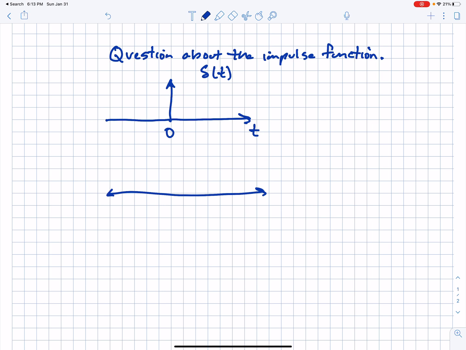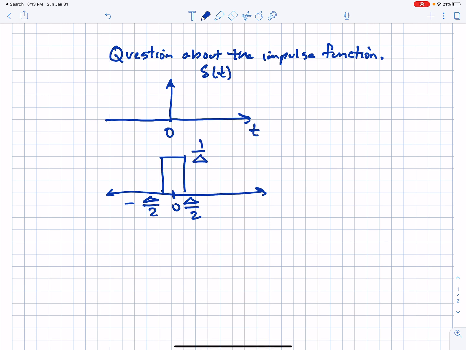Okay, so in the videos, Professor Miller had talked about a limiting case of an impulse function. So start with something that looks like this, that is centered at 0, has a width of delta, so let's go minus delta over 2 to delta over 2, and then it has a height of 1 over delta.